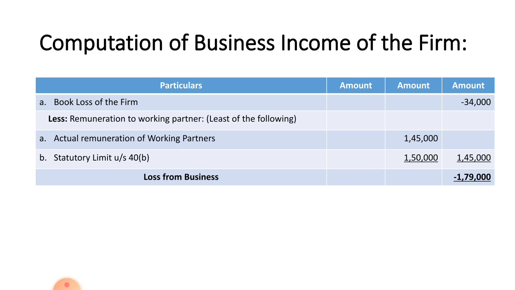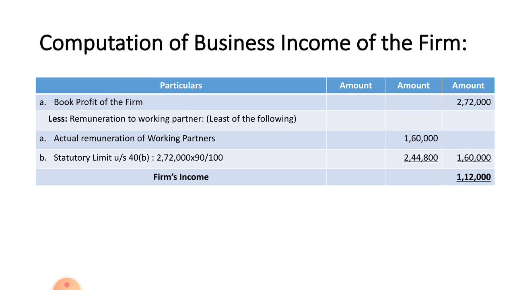Here book loss less expenditure 1,45,000, so the total loss of the business is equal to 1,79,000. This is the second case.